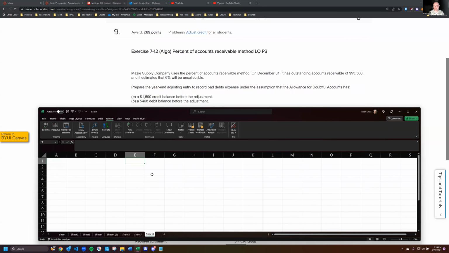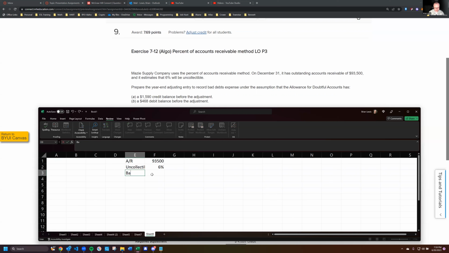So we know that accounts receivable, AR, is 93,500, right? And we know that the uncollectible is estimated at 6%.